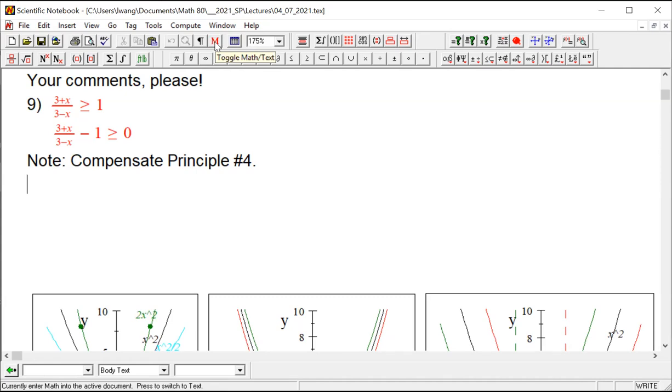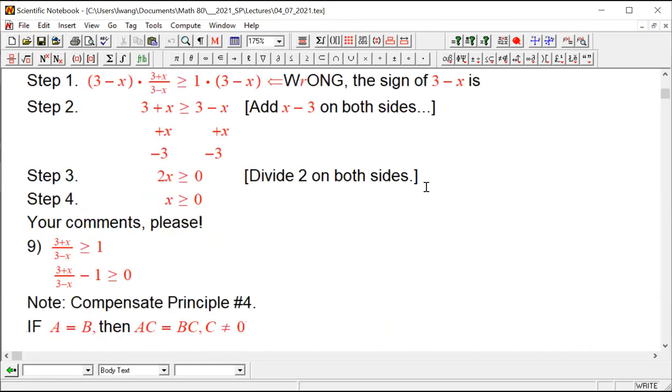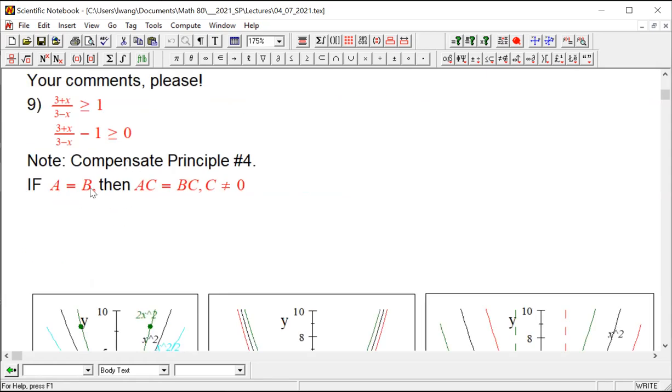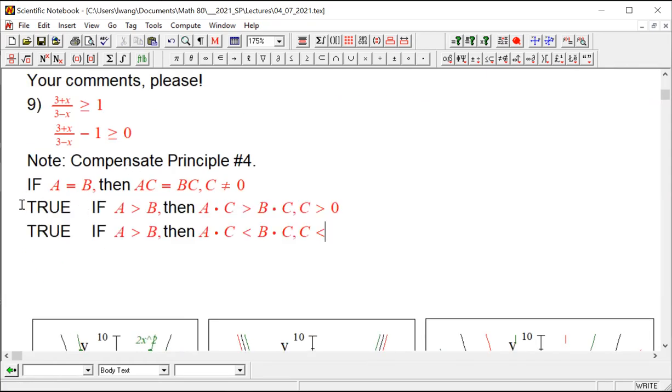Principle number 4 says, if A is the same as B, then A times C is the same as B times C, provided C is not 0. When we come to inequality, then we have these two true statements. So these are compensating principle number 4.